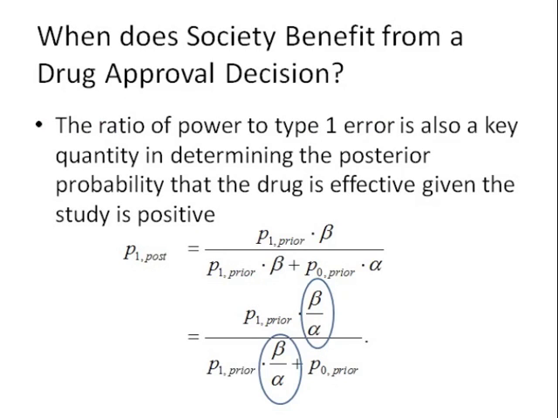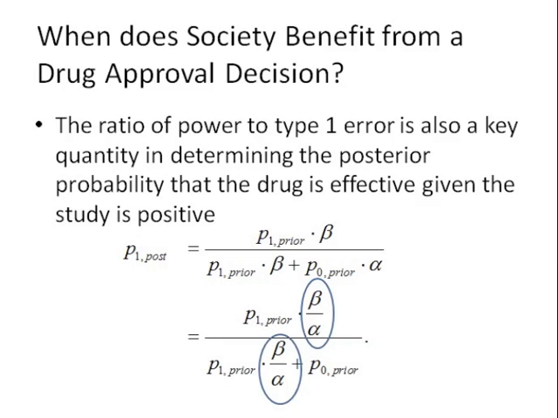Now, it's interesting to note that the ratio of power to type 1 error is also key to determining the posterior probability that the drug is effective, given that the study is positive, which is the key quantity that a Bayesian would rely on for decision making. Here once again, the notation is P1 represents the probability that the drug is effective, P0 the probability that the drug is not effective, and alpha and beta represent respectively the type 1 error and the power.